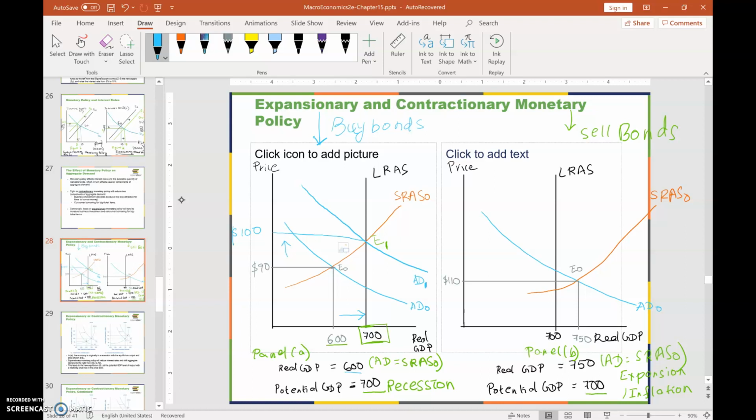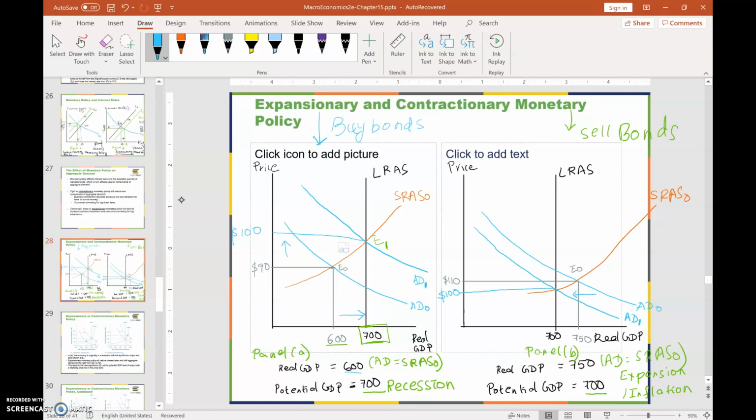And what happens as a result of that? Over here, the aggregate demand shifted to the right, and over here, the aggregate demand will shift to the left. Just remember, we always want to end up at a point of intersection of aggregate demand, short-run aggregate supply, and the long-run aggregate supply curve.